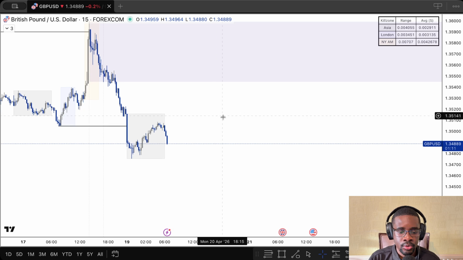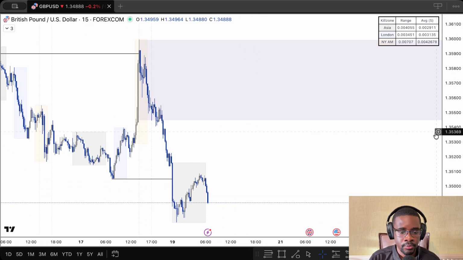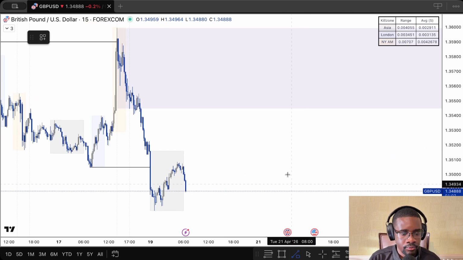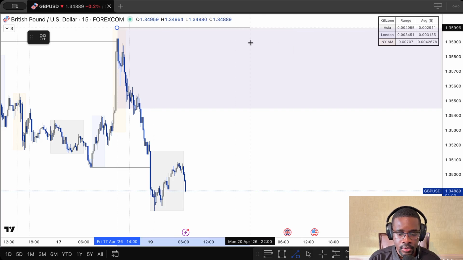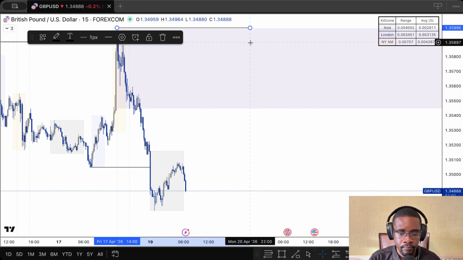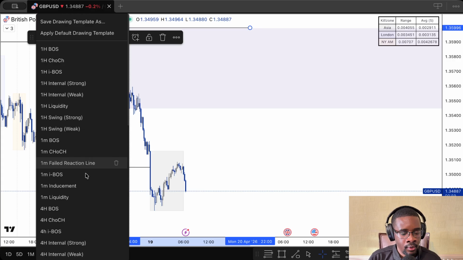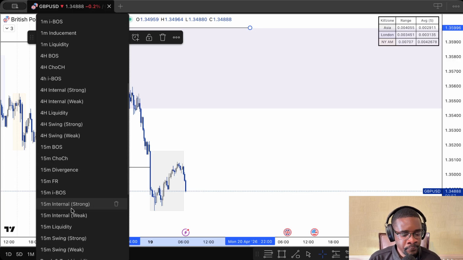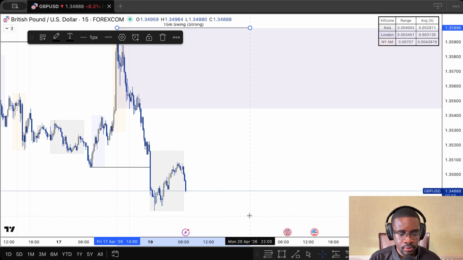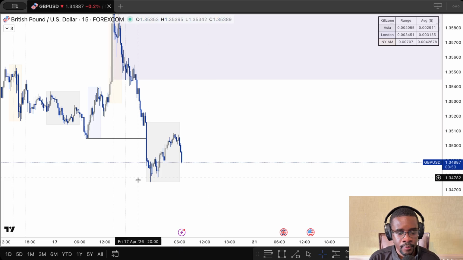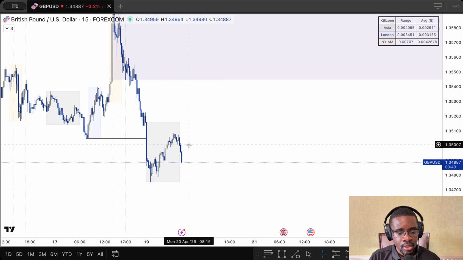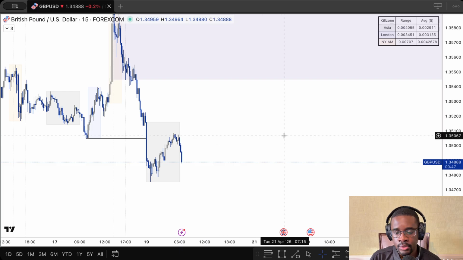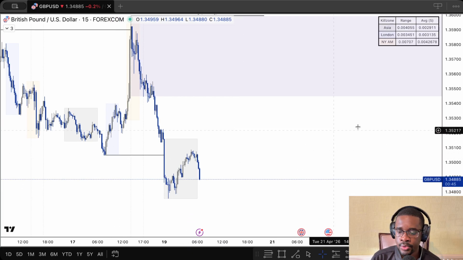Okay, so from a 15-minute perspective, 15-minute range looks like this. With a 15-minute swing strong. Okay. Now the pullback is not yet sizable enough, so we may not classify this as a swing pullback yet.